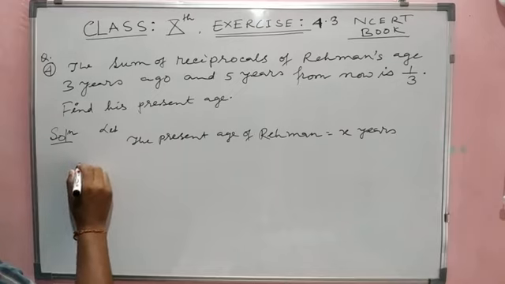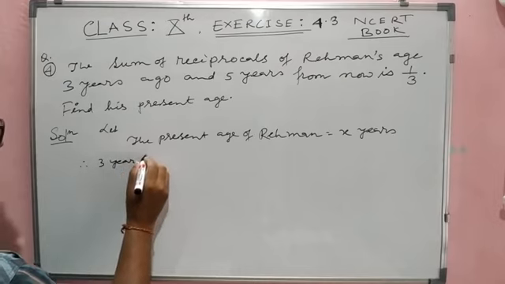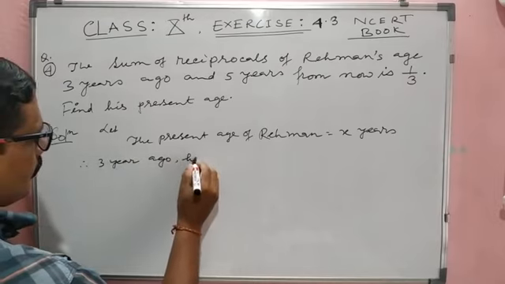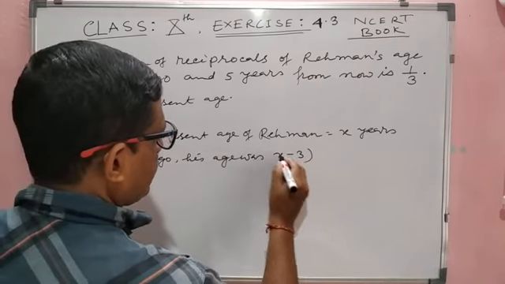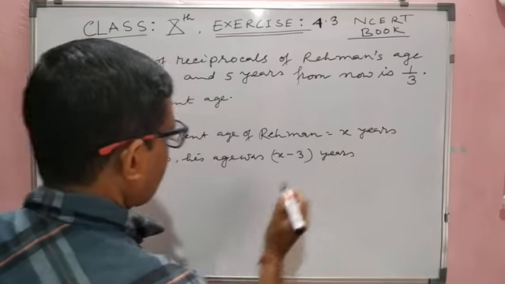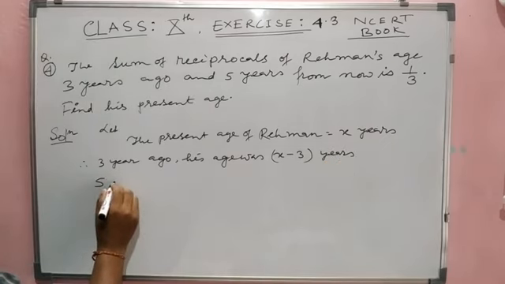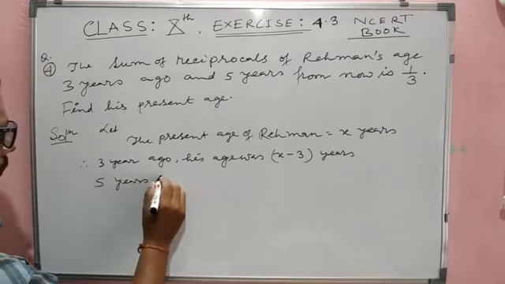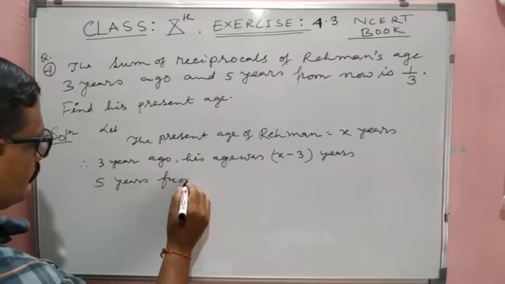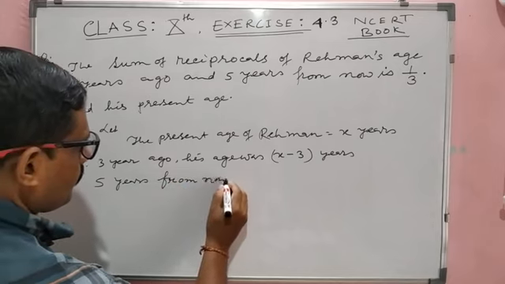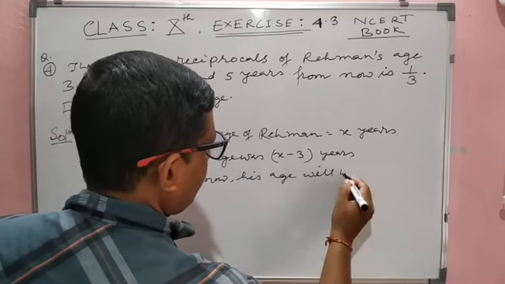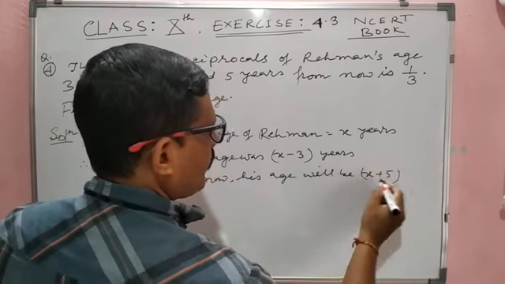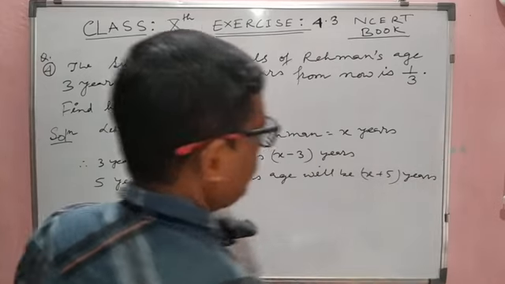Therefore 3 years ago his age was x minus 3 years, and 5 years from now his age will be x plus 5 years.